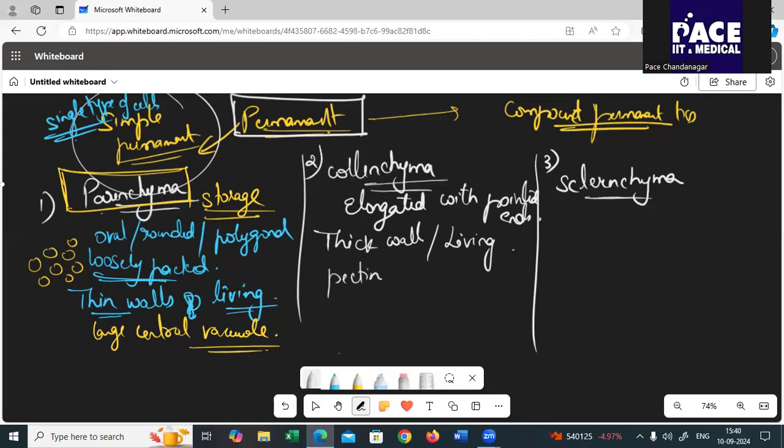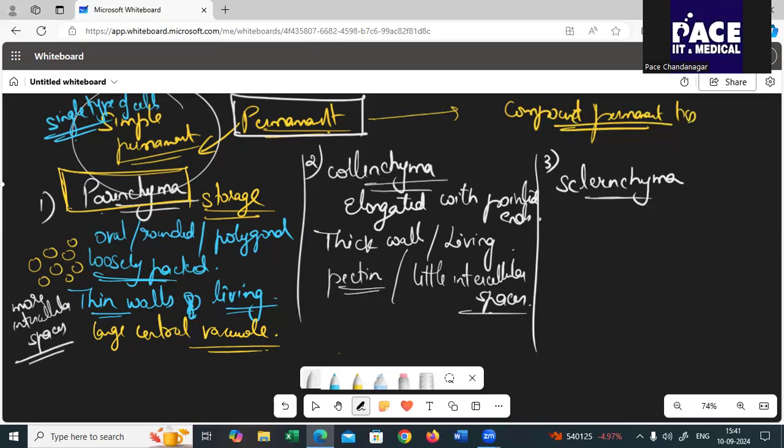Pectin is nothing but that glue kind of thing that oozes out and makes the tissue harder. So that is the pectin being released here, and little intercellular spaces, whereas in parenchyma you have large, loosely packed spaces. Therefore you have more intercellular spaces in parenchyma, less intercellular spaces in collenchyma.